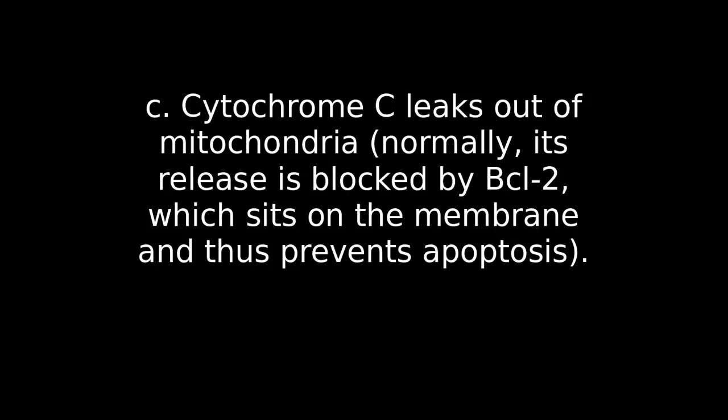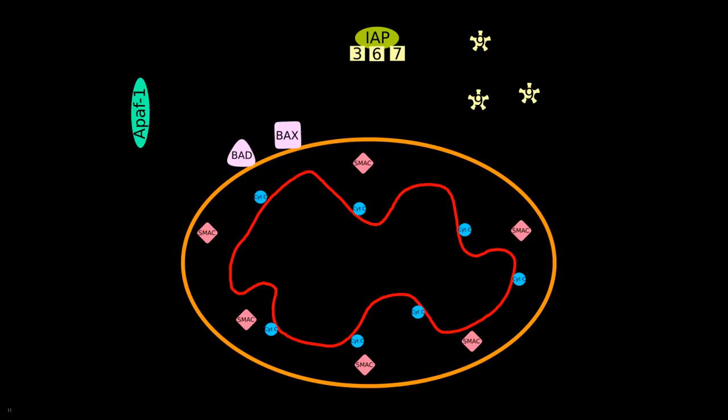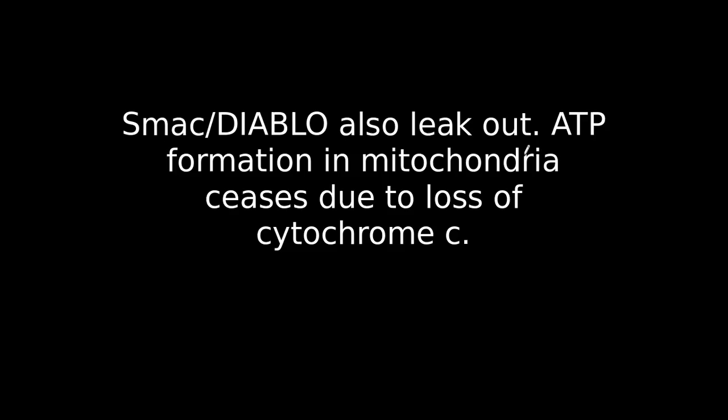One of the contents that you end up losing is cytochrome C. This leaks out of the mitochondria. Normally, it is blocked by another protein called BCL2, which sits on the membrane and generally prevents apoptosis. So again, once we have BAX here permeabilizing the membrane, all this cytochrome C is going to come pouring out into the cytosol.